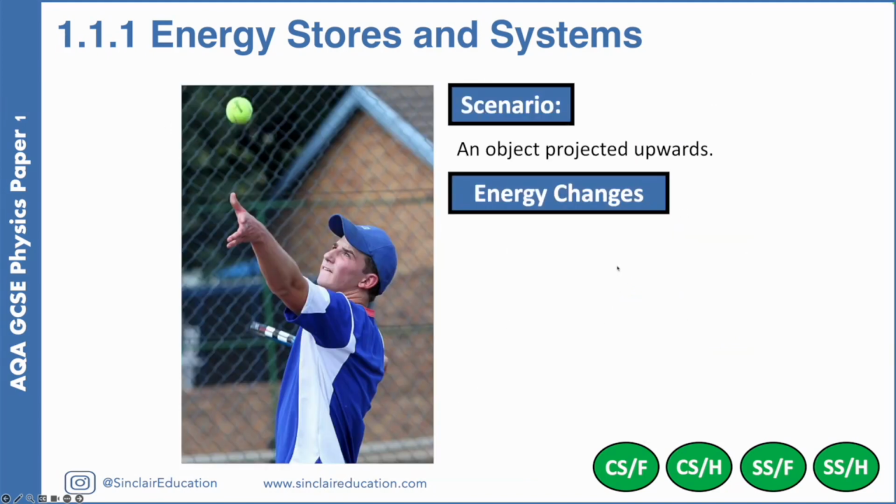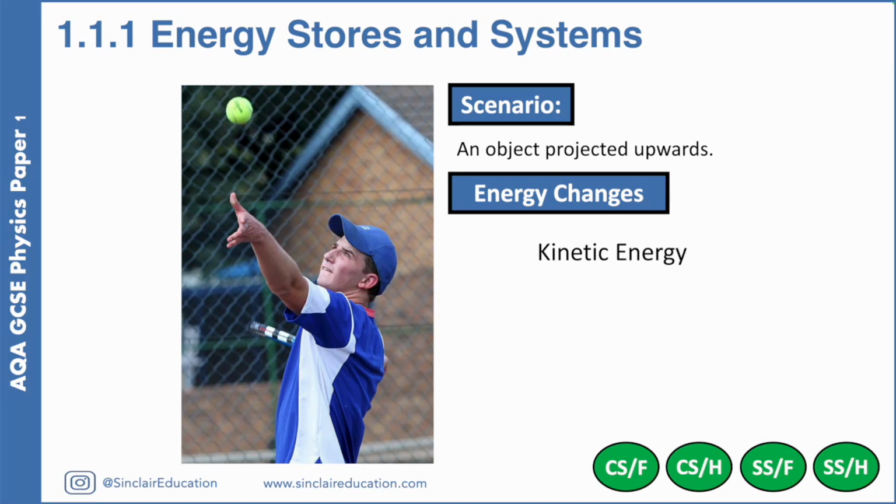So if we have a look, we've got some different scenarios that have been outlined and highlighted by the exam board as ones you need to know. It does mean that when they look at the context of exam questions, these are the ones that they're going to bring up. So we've got, for example, an object projected upwards. You need to be able to describe the energy change that's happening with this.